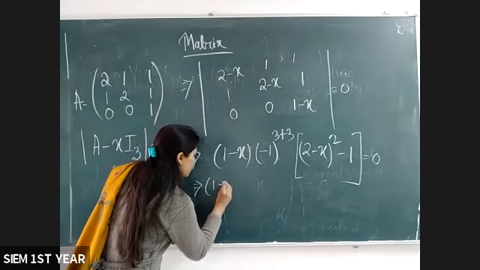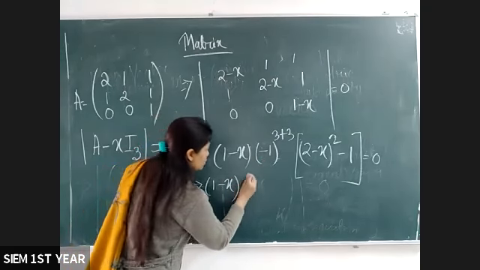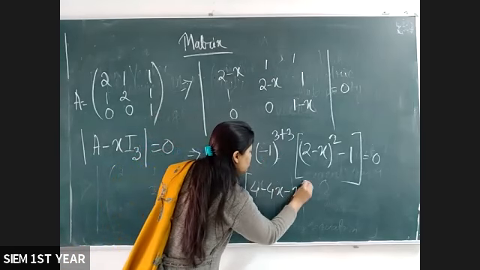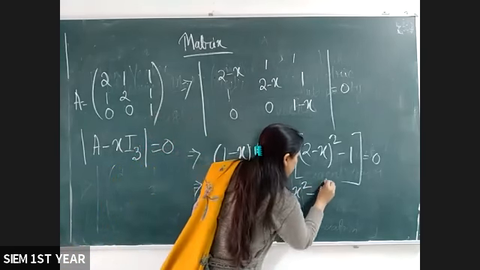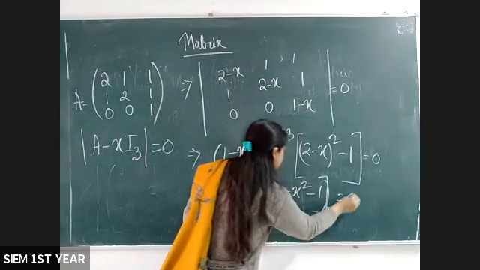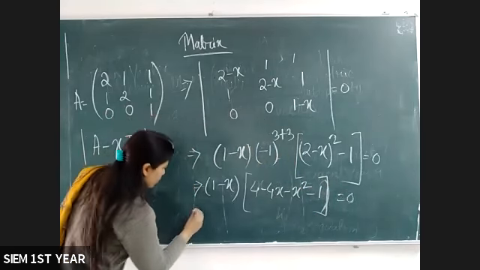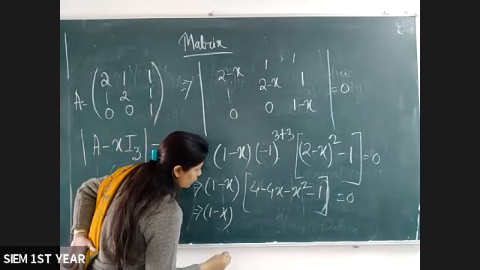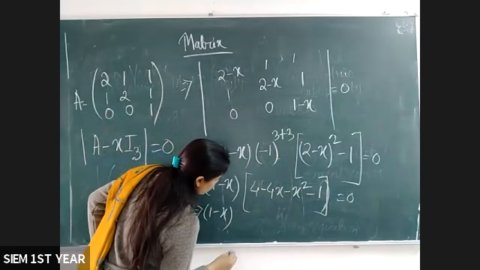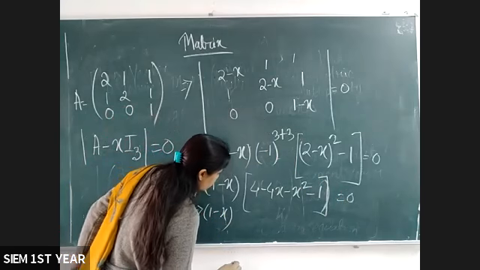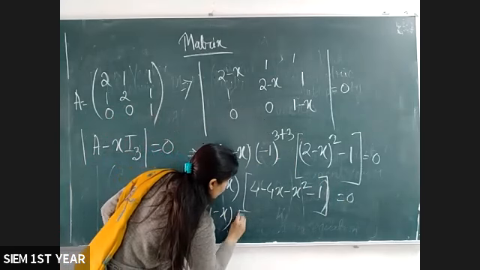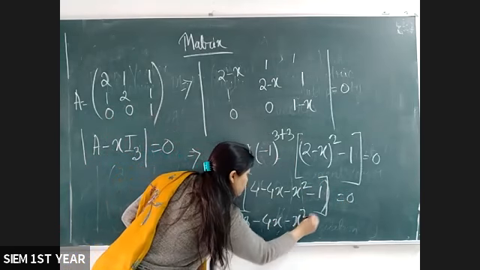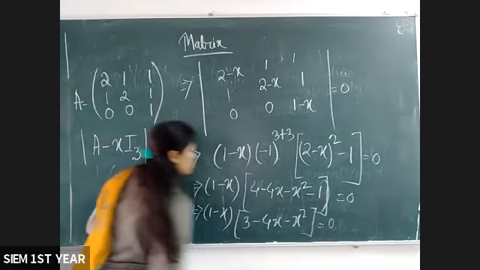So 1 minus x into this will be 4 minus 4x minus x square minus 1 is equal to 0. Means 1 minus x into 3 minus 4x minus x square is equal to 0.